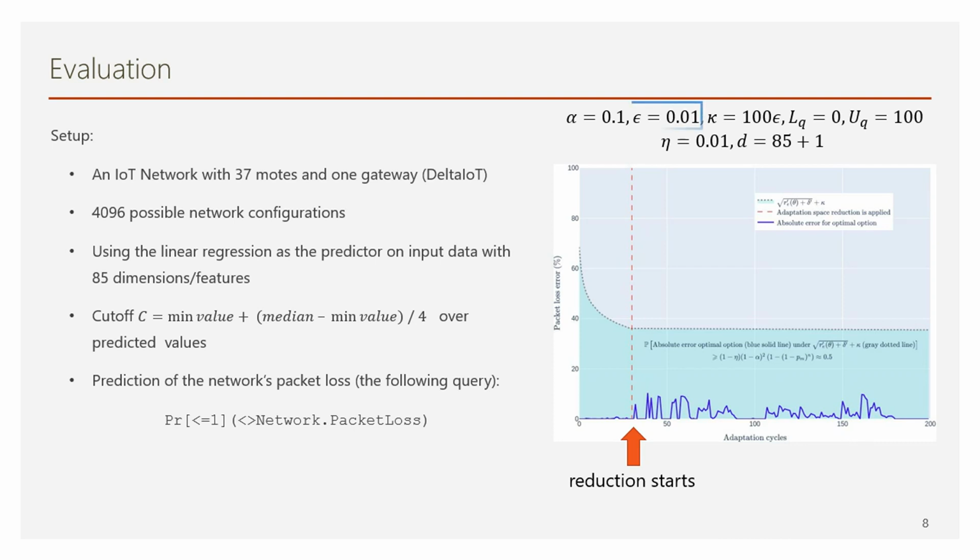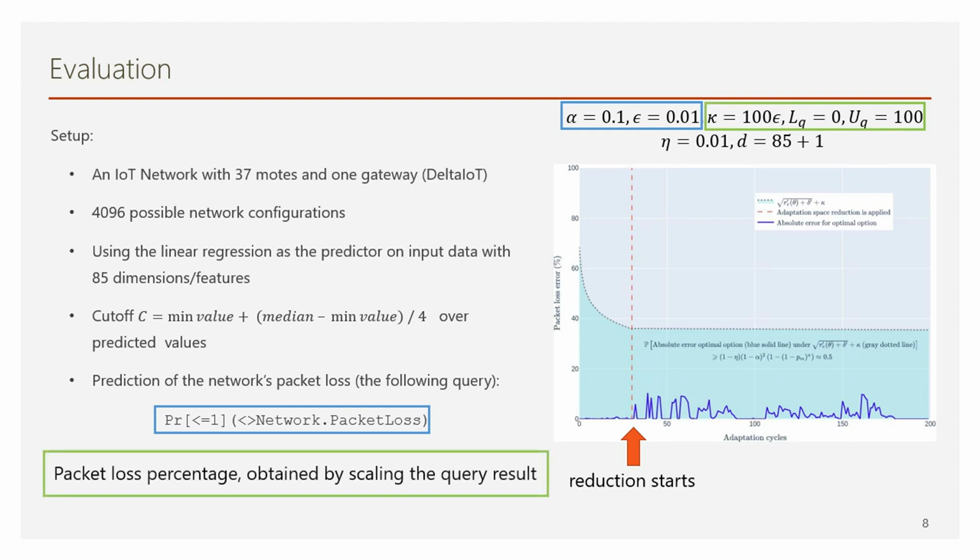In this experiment, alpha and epsilon are the corresponding parameters of the statistical model checking and the verification query. As we are using the packet loss percentage, we need to multiply the query result by 100. So the final estimation error of the query is 100 times epsilon, and the range of the attribute is from 0 to 100.